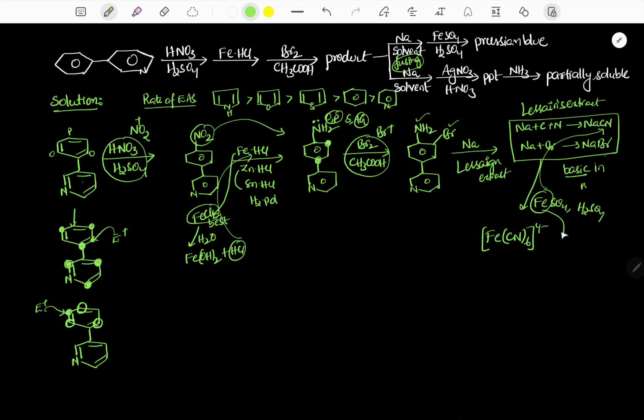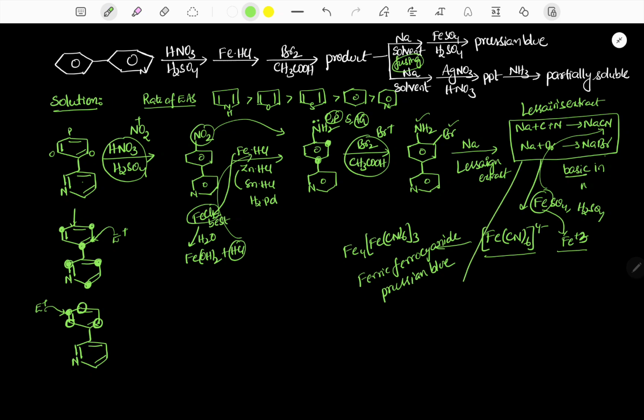During the process, some amount of iron undergoes aerial oxidation, forming Fe3+. Finally, it forms the corresponding Fe4[Fe(CN)6]3, ferric ferrocyanide, and it is Prussian blue.